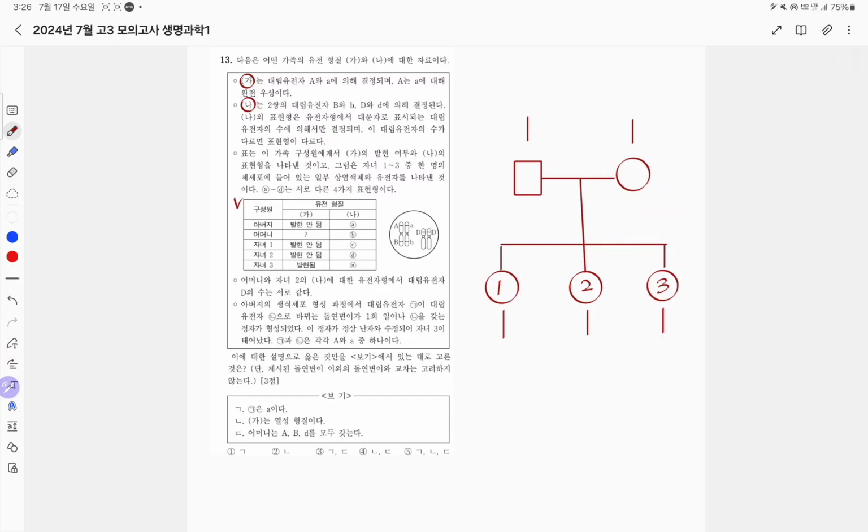The table shows the expression of the two traits. Father does not have the first trait. Only child number 3 has the first trait.